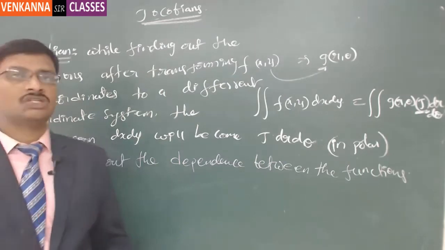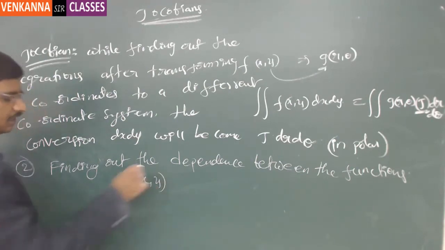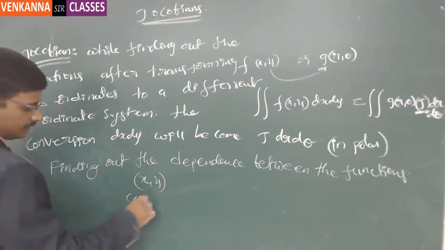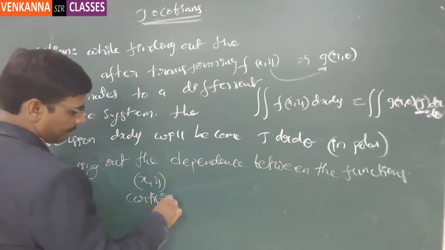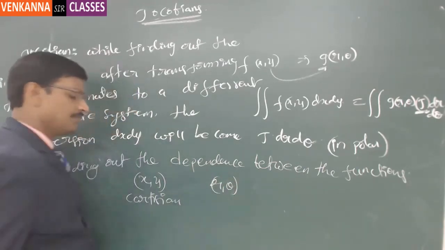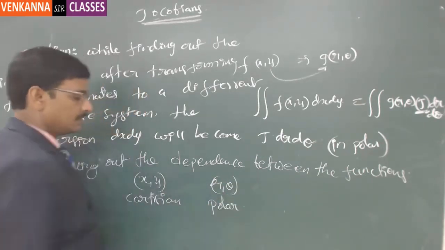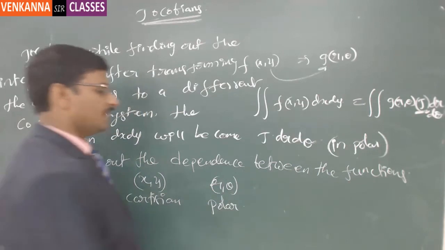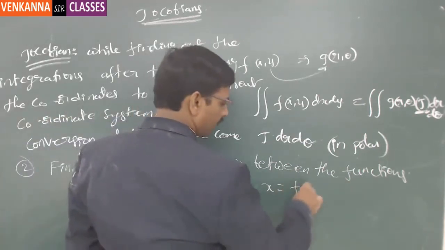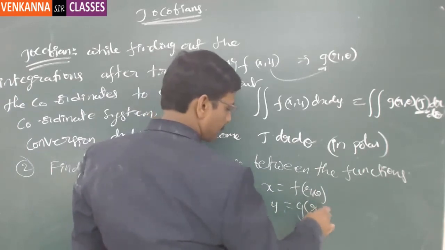The Jacobian is defined as follows. Suppose I have the Cartesian coordinate system with x comma y as the independent variables, and in the polar coordinate system I have r comma theta as the variables. Then x is a function of r comma theta and y is also a function of r comma theta.